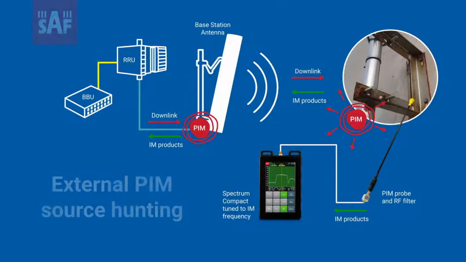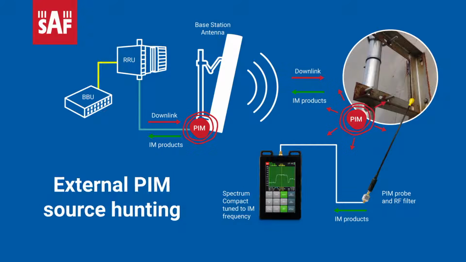We're not one of them, unfortunately, but using those products, once you've established where the problems exist, you can simply correct them. It could be a bad connector, you need to replace it. It could be a dirty connector, you need to clean it. It could be you didn't torque the connector down to the required specification. Simple things like that are what make internal PIM a headache for the mobile operator or the person installing the site.